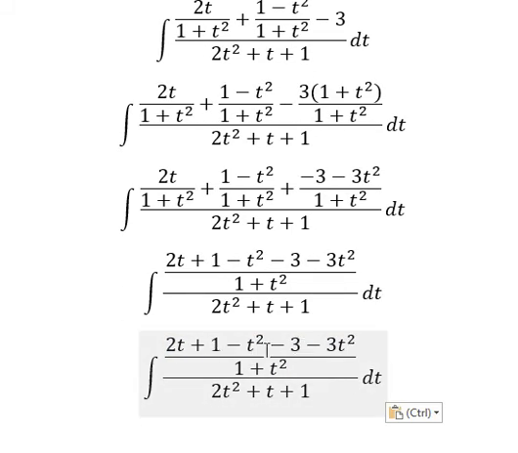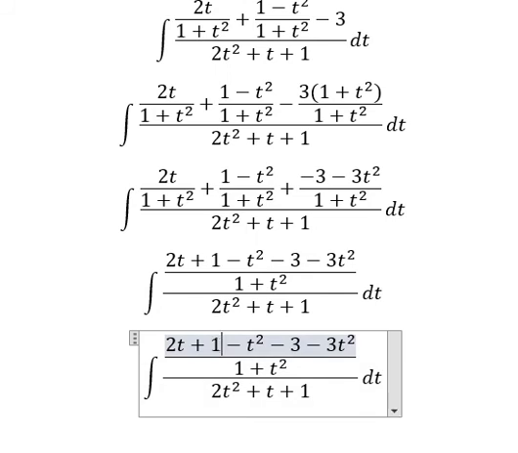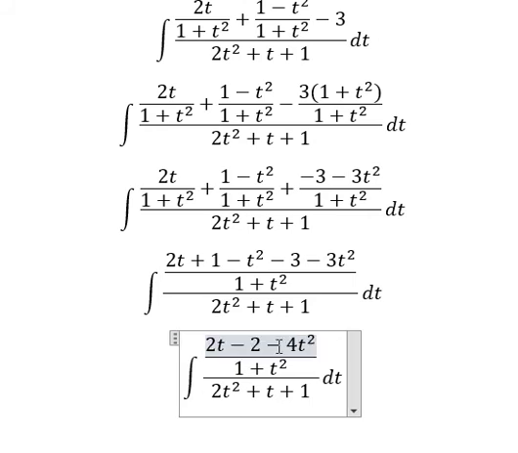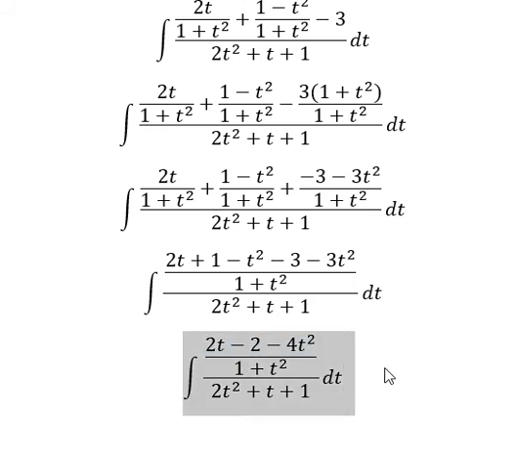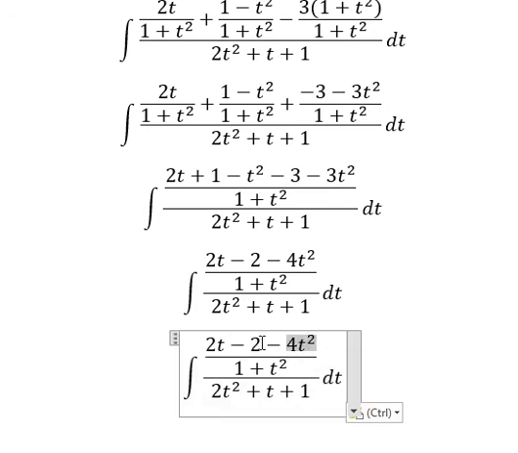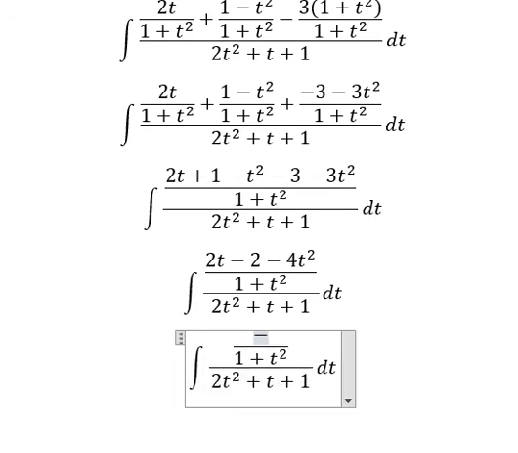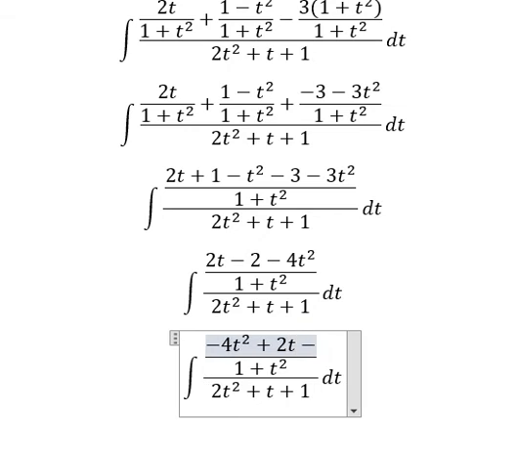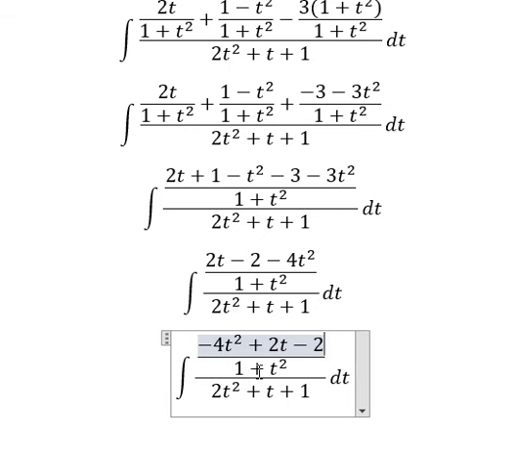So 1 minus 3 you get negative number 2. T squared with negative number 3 you get negative number 4. And this one we need to arrange a little bit. So this one you get negative 4t squared plus 2t minus number 2. And 1 plus t squared goes to the denominator.